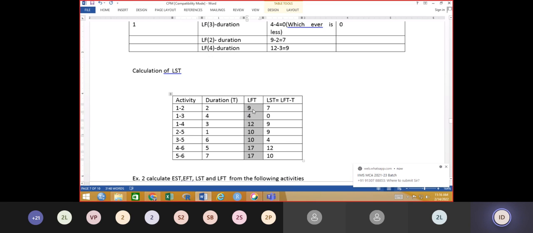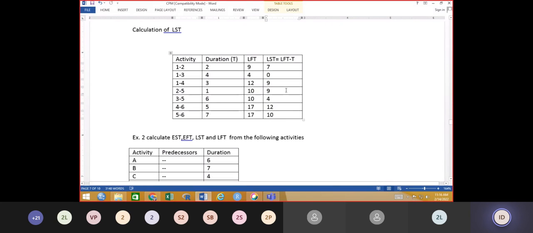So latest finish time is 9, 9 minus 2 duration is 7, 4 minus 4 is 0, 12 minus 3 is 9, 10 minus 1 is 9, 10 minus 6 is 4, 17 minus 5 is 12 and 17 minus 7 is 10. This is how the LST, latest start time, is calculated.